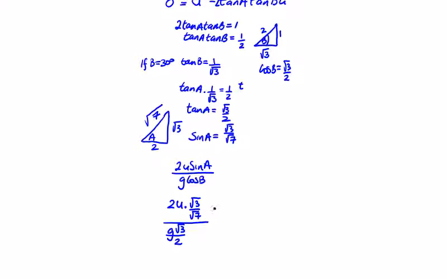So we turn it upside down and multiply. The 2 goes there and the root 3 g goes here, which would leave me with this on the line, so they cancel. So we're left with 4u over root 7 g as the time of flight in terms of u and g.